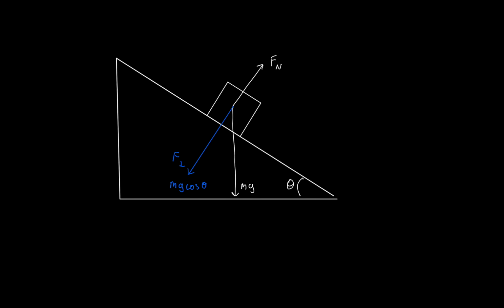Now over here, the force that is parallel to the surface, pretty much the force that's allowing our block to move down, assuming that we are in motion, is going to be shown as mg sine theta.